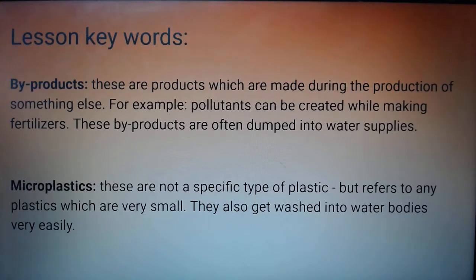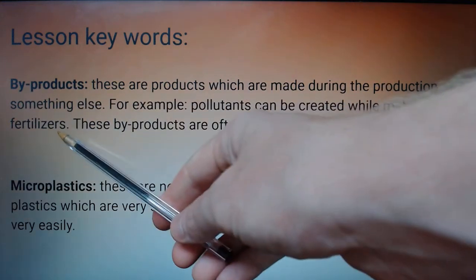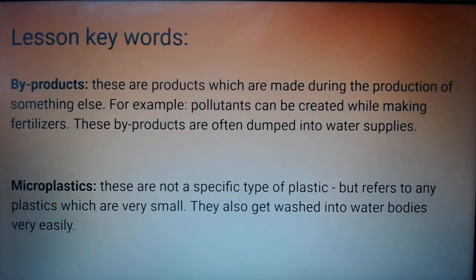Pollutants can be created while making fertilizers. These byproducts are often dumped into water supplies. Very regularly, those byproducts are wastage. We don't want them, so we throw them away.